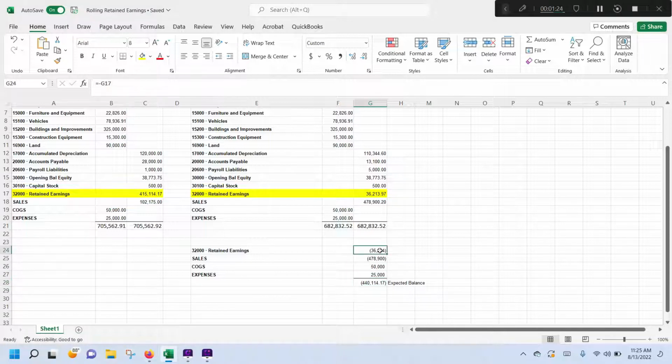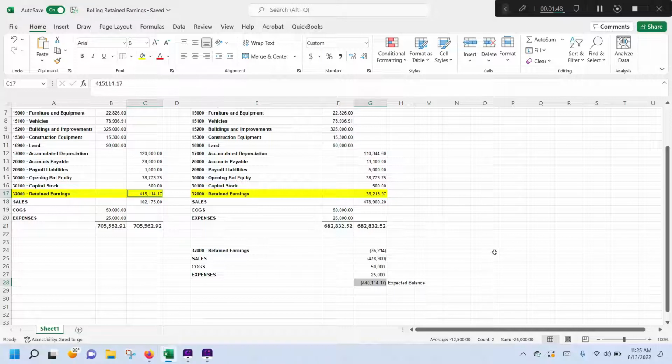You'll notice I've been using negatives for the credits, positives for debits, just the natural account balances. But what this is saying here is that the expected retained earnings balance is off from what the actual balance is. It's off by 25,000.